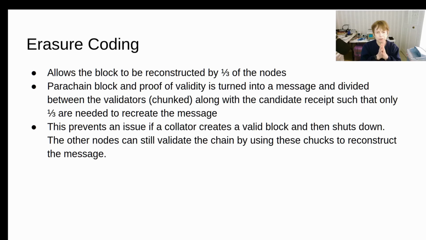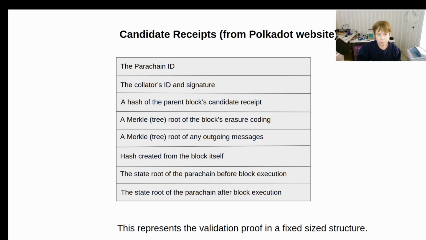But the other nodes in this case can still validate, because the chunks of the message were already created, and you only need 1/3 of them to reconstruct the message so that it can continue on.